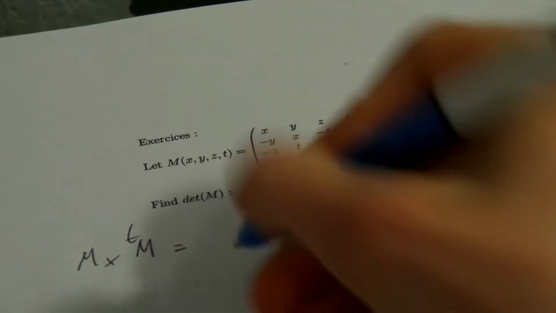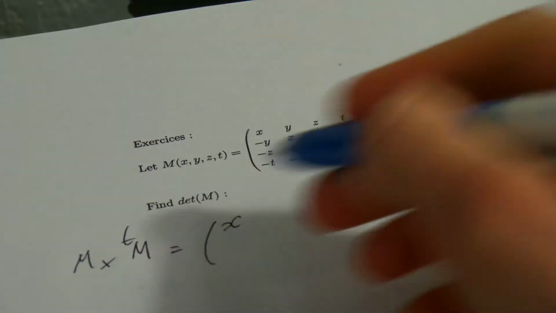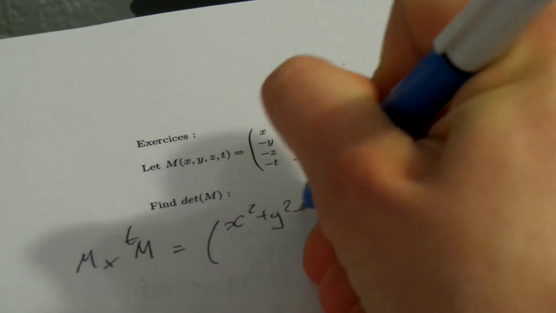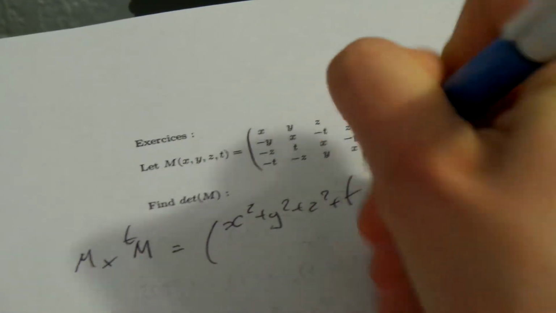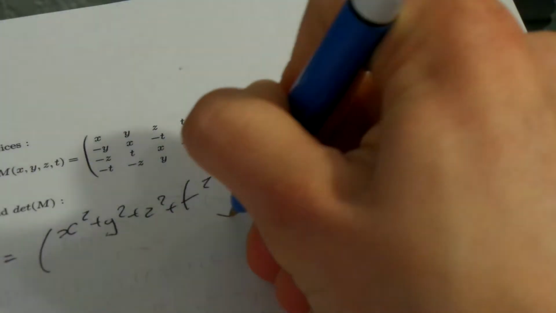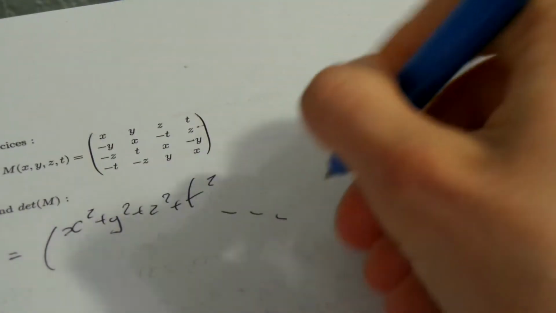So you might get the idea of multiplying M by its transpose, and when you do that you find that any coefficient that isn't on the diagonal is 0, and on the diagonal you always get x squared plus y squared plus z squared plus t squared. That goes until 4 since it's a 4 by 4 matrix, and everywhere else you have 0.